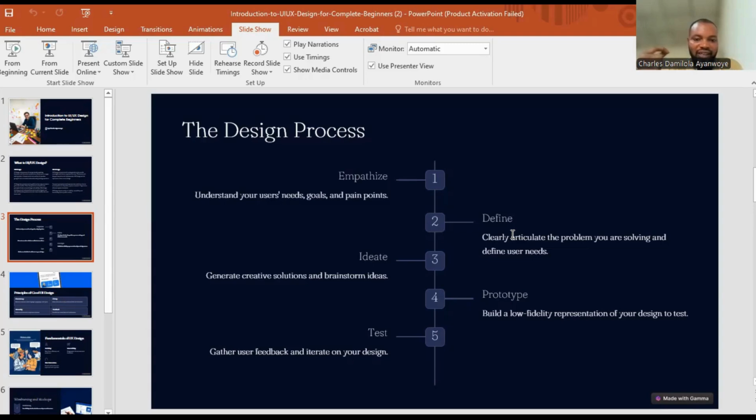When an idea drops in your mind, pen it down, jot it down, pick up your pen, write it on paper, get your sticky note, put those ideas on paper. Do you understand? So that you always have it at the back of your mind that, oh, while I was trying to articulate the problem I'm trying to solve and defining my user's needs, okay, something came to my mind, then I put it down.